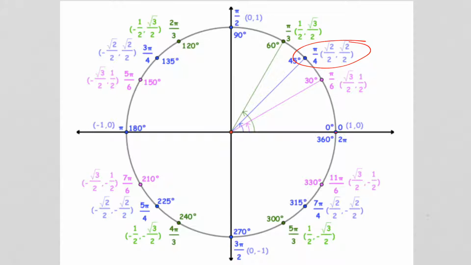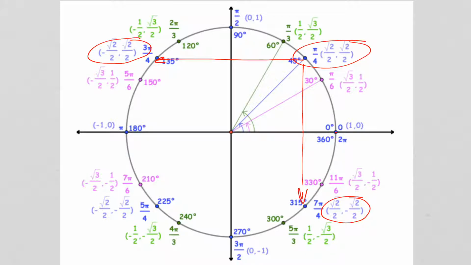Now, if you'll come just over to the left here, the point associated with 3 pi over 4 is very similar. It's actually got the same x and y except the x is negative, which makes sense because that's the negative x-axis. If you come down from pi over 4, the point has a positive x and a negative y because it's the negative y-axis.